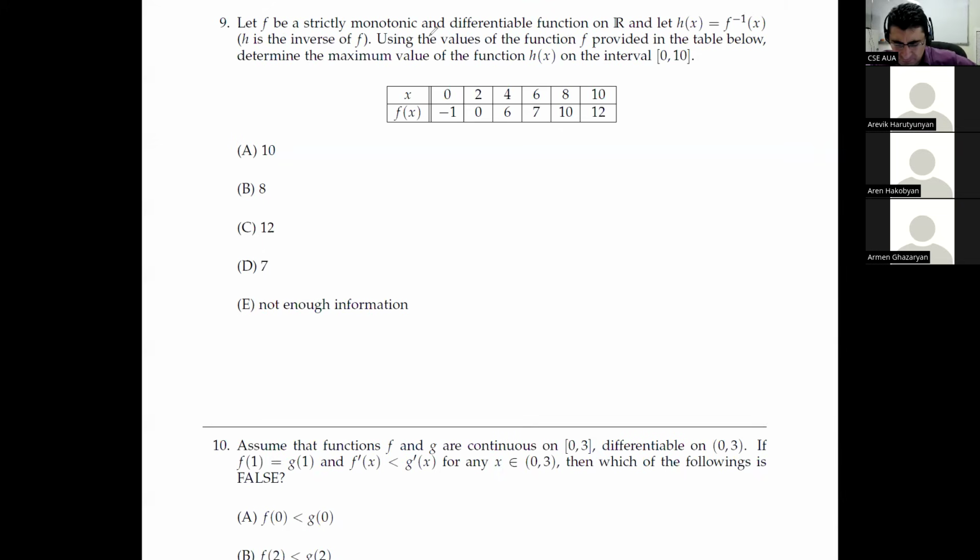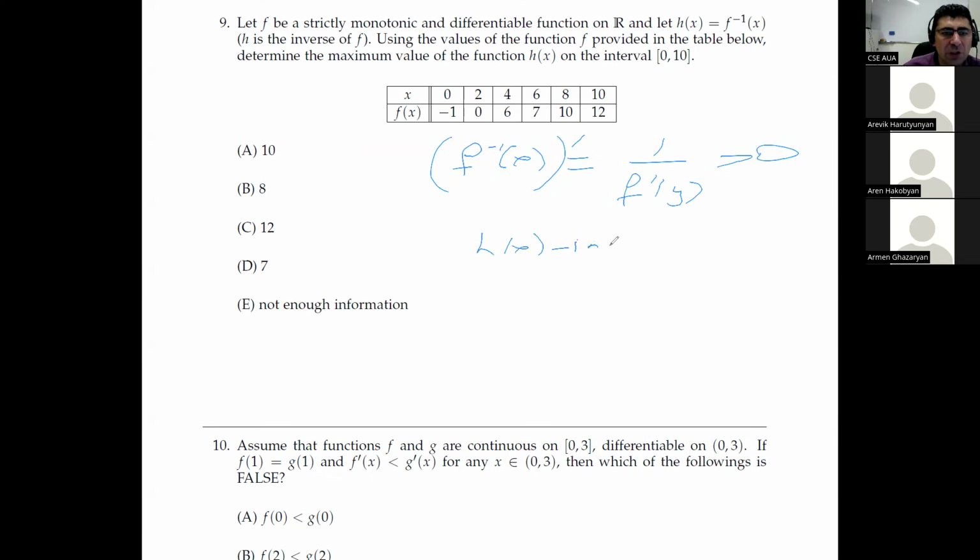It is increasing, obviously. Do you agree that f inverse also is increasing? Yes. We said that the derivative of this inverse function is 1 over f prime, which is positive. Now h(x) is increasing.